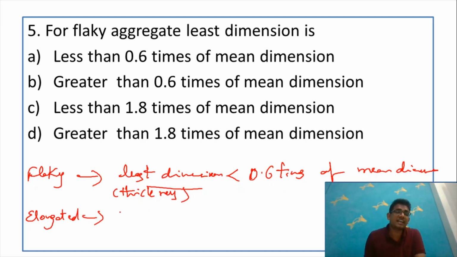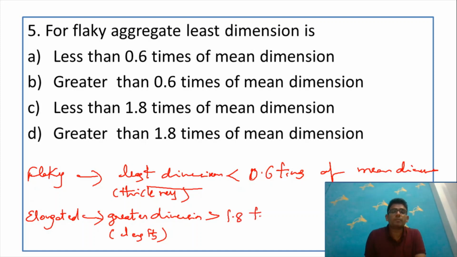Now for elongated aggregate, greater dimension. When I say greater dimension, that is what? Length. So for elongated aggregate, the length must be greater than 1.8 times of mean dimension. So for the flaky aggregate, remember that least dimension is less than 0.6 times of mean dimension.